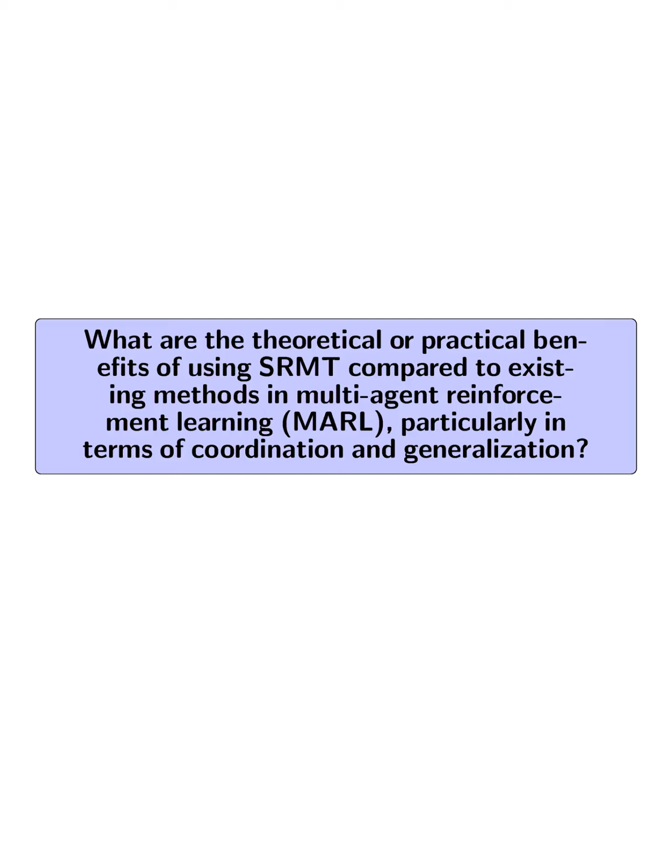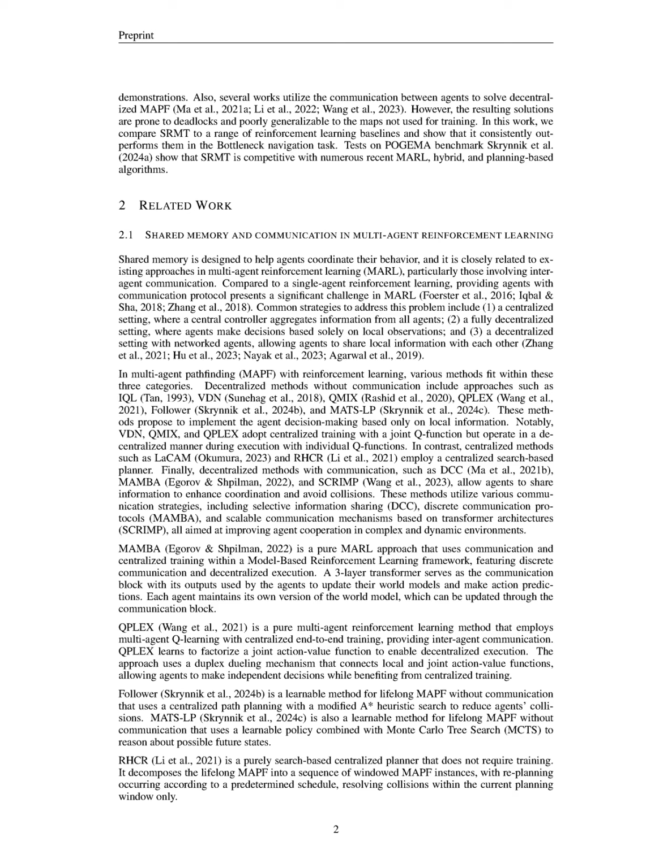What are the theoretical or practical benefits of using SRMT compared to existing methods in multi-agent reinforcement learning, MARL, particularly in terms of coordination and generalization? The Shared Recurrent Memory Transformer, SRMT, offers significant theoretical and practical benefits over existing methods in multi-agent reinforcement learning, MARL, particularly in coordination and generalization.